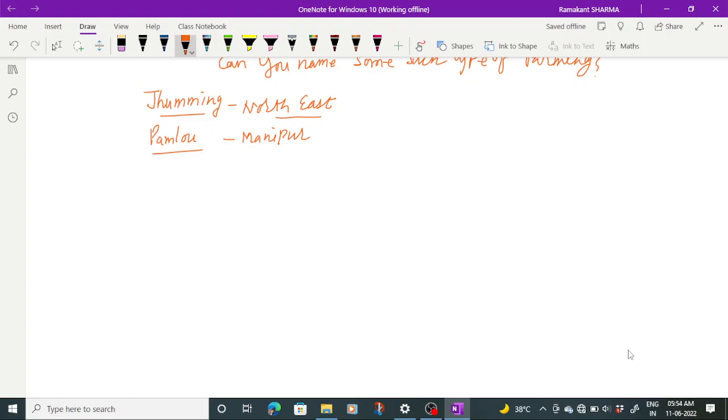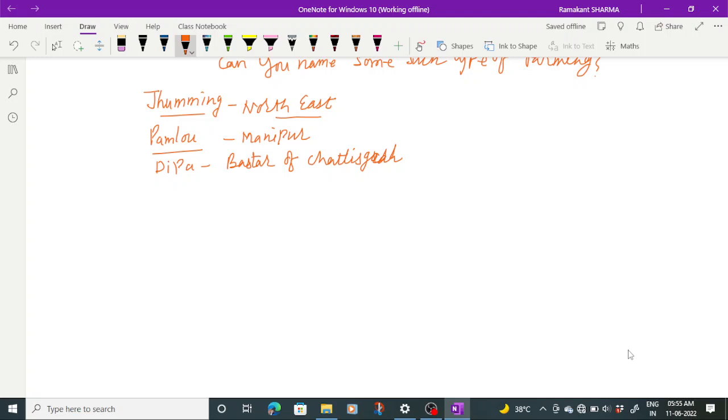It is called Deepa in Bastar area of Chhattisgarh. We all know that MP was the biggest state, and then two parts were there. One is called Chhattisgarh and the remaining was MP, Madhya Pradesh.